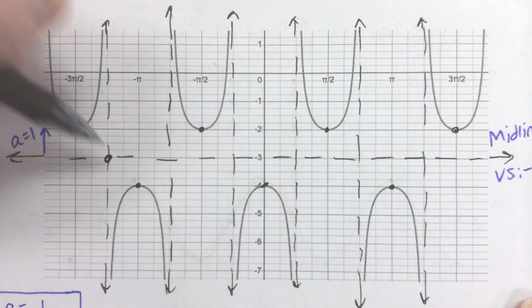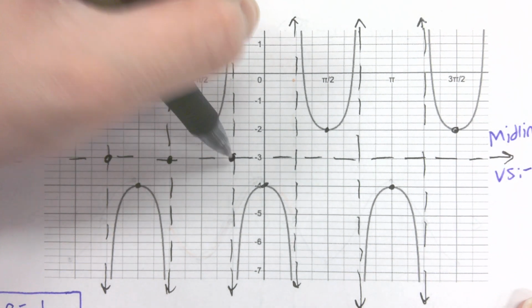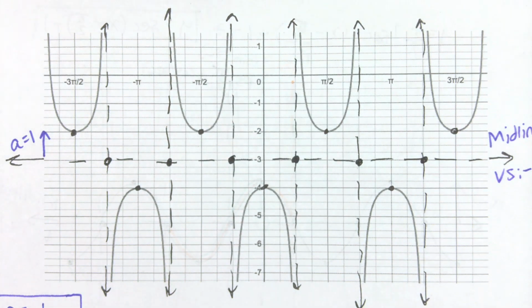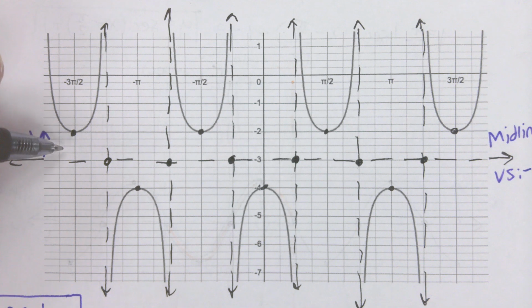Now I can identify my midline points. It's where those intersect with the midline. And then finally graph my sine cosine curve.